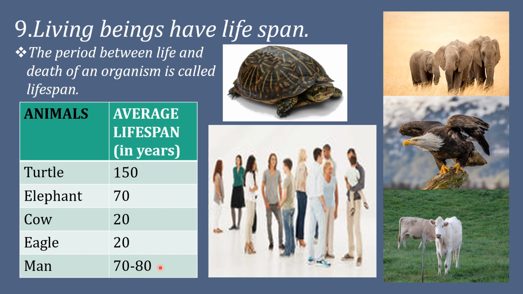Man may live up to 100 years also. Can you see the pictures of turtle? It will live up to 150 years. Very strong, isn't it? And elephant 70 years. Humans, that is man and woman, 70 to 80 years. And cow 20 years. And an eagle 20 years.